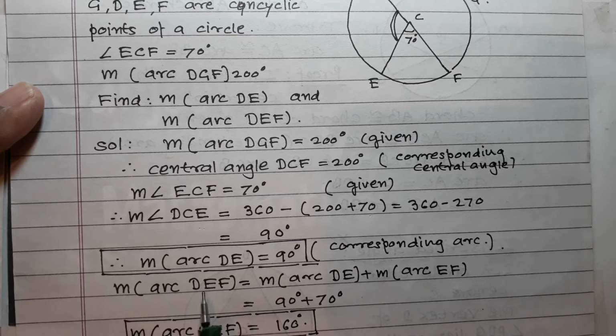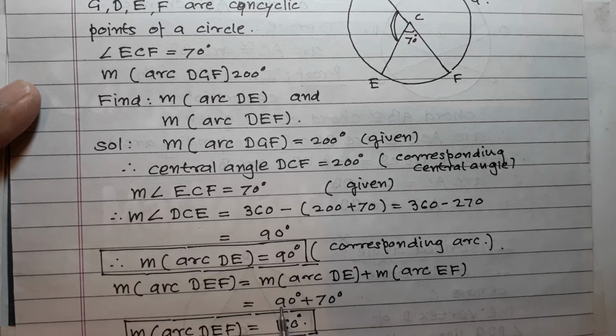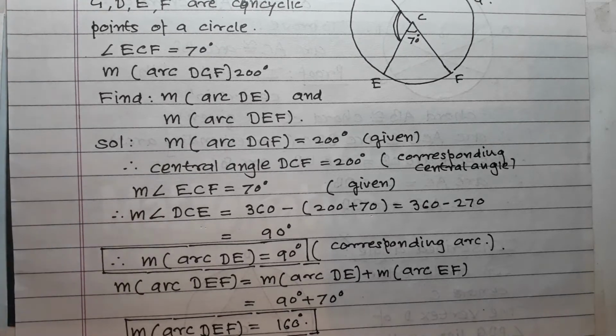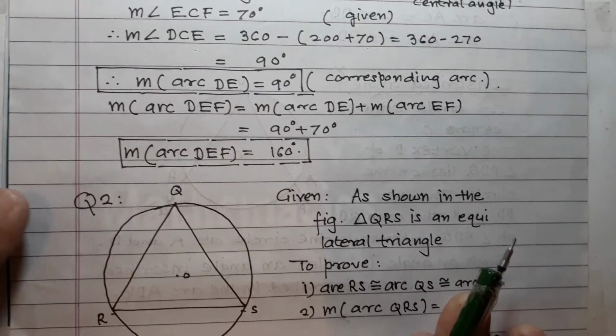Then major arc DEF is equal to major arc DE plus major arc EF. So we know the values, substitute, and therefore 90 plus 70, and major arc DEF is equal to 160 degrees. Okay.